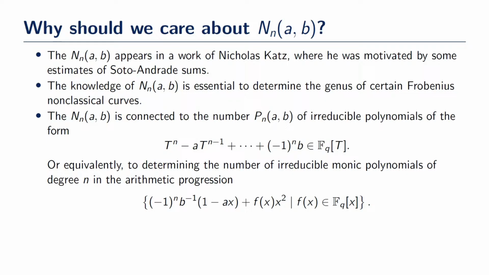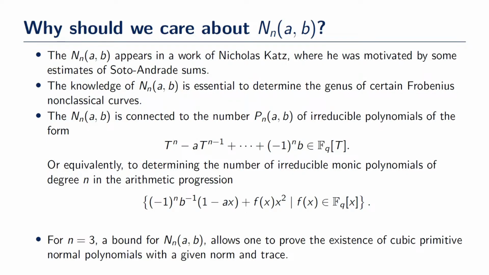Okay? One last reason to study this number: for n equals 3, it was applied to prove the existence of cubic primitive normal polynomials with given normal trace. Okay? So this is a series of motivations why you should care about this number.